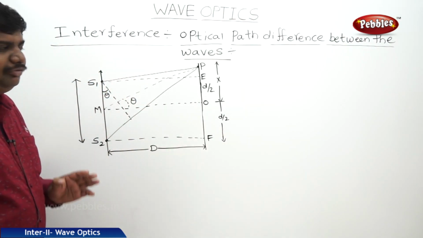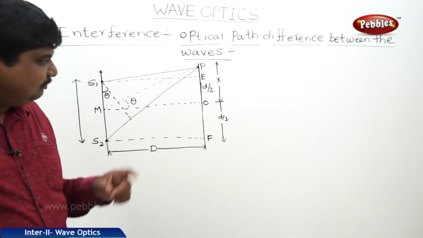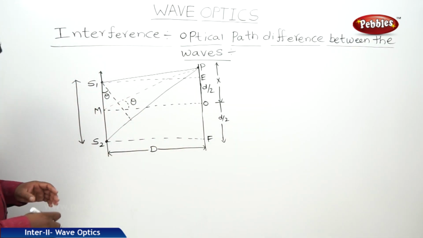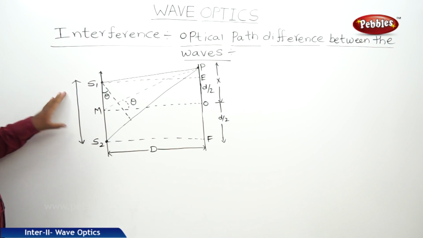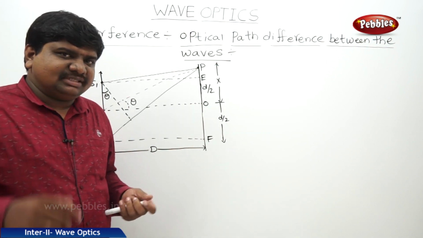Now we are going to find out the optical path difference between the waves with respect to a common point. Let us assume a source of light is here. Initially we have drawn the pattern of the interference through the double slit.